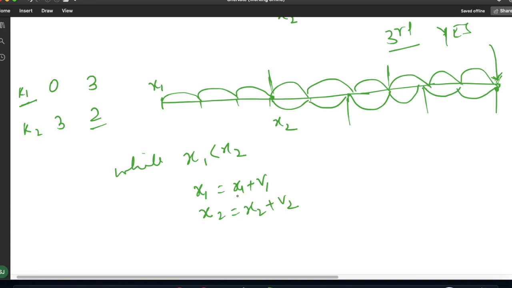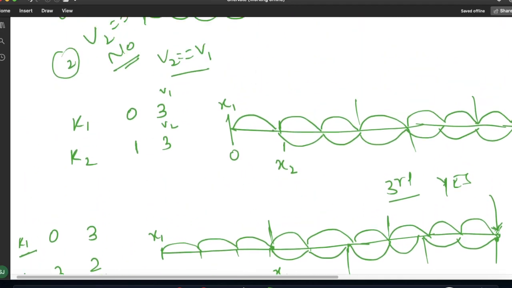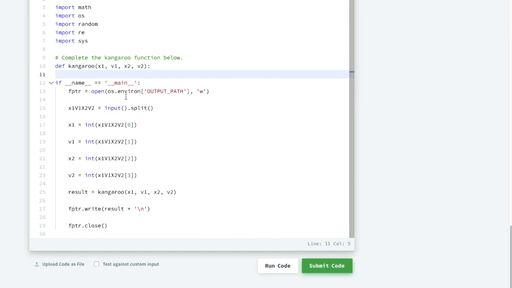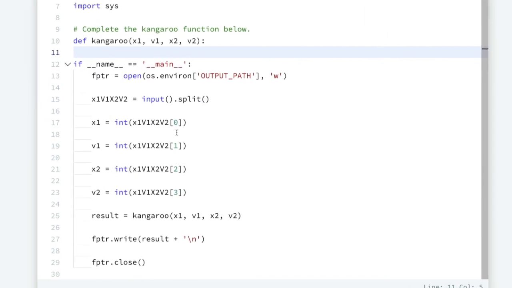Correct? And we will check if x1 is equal to x2, then we'll return yes, otherwise we will return no. So we have to check only one condition, and these two test cases will be covered in only one line. So let us try to write the code.